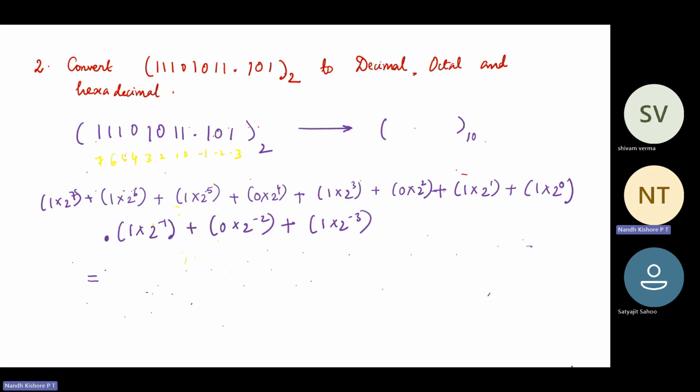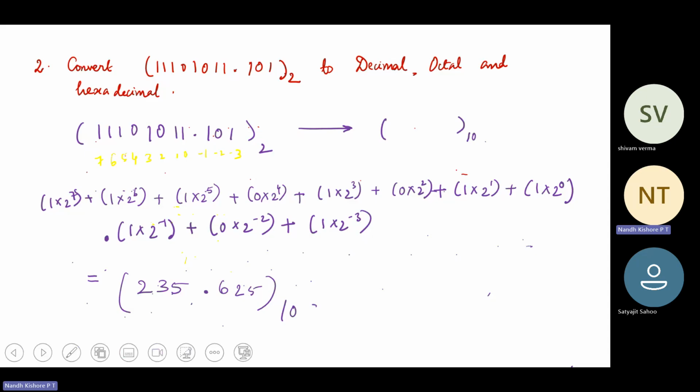So you get 235. Then 1 into 2 power minus 1, that is 1 by 2, plus 0 into 2 power minus 2 plus 1 into 2 power minus 3, that's 1 by 8. So you get 0.625. So this is in decimal, okay, 235.625. We have just multiplied with the place value.